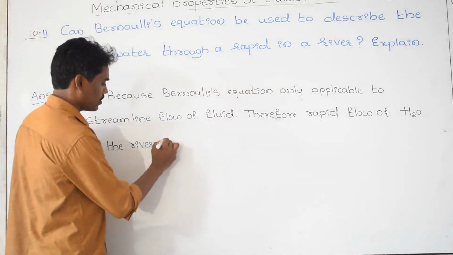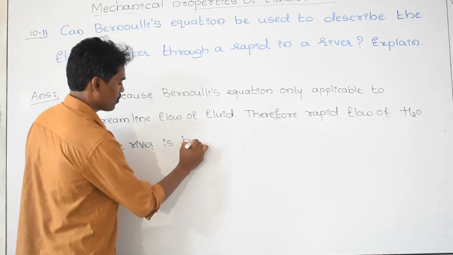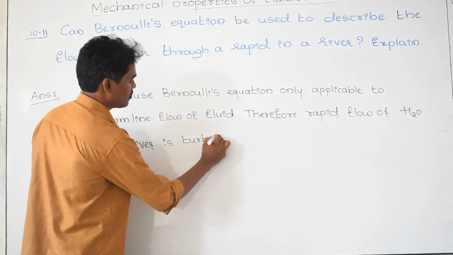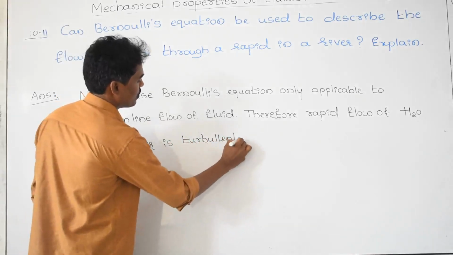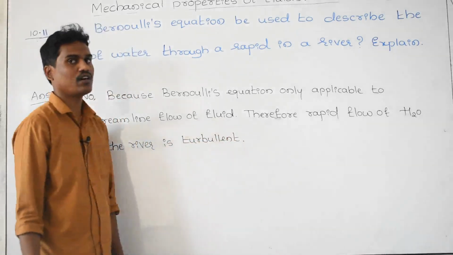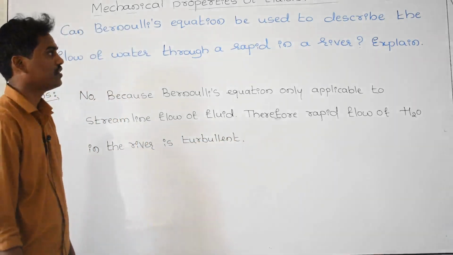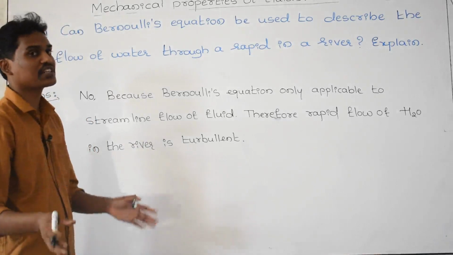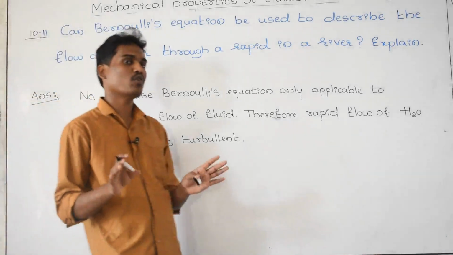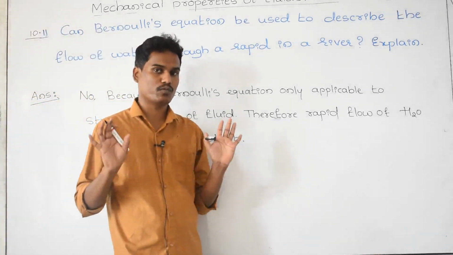River is a turbulent flow. Therefore, the Bernoulli equation is only used to describe which type of the flow of the fluid, that is a laminar flow.